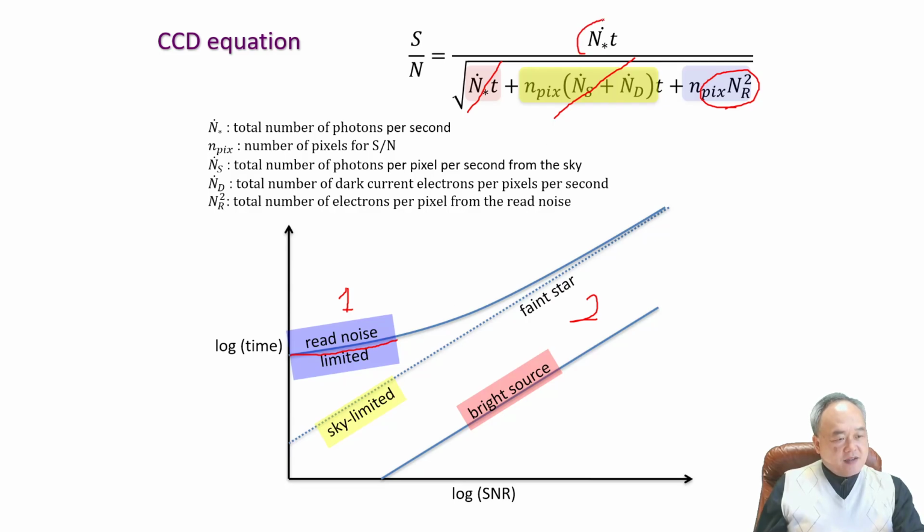But as the source count builds up gradually, the Poissonian noise gradually becomes an important term. Starting with a slope of 1, it gradually changes to a slope of 2. So this is the readout noise limited observation case, and this usually happens when you observe a faint source in the optical domain with this instrument.